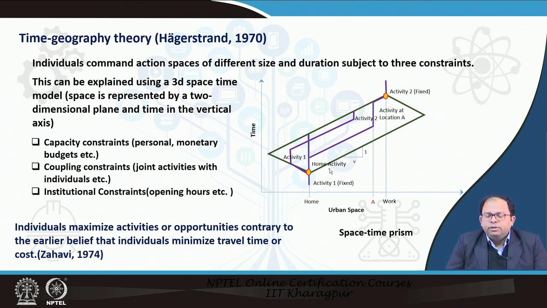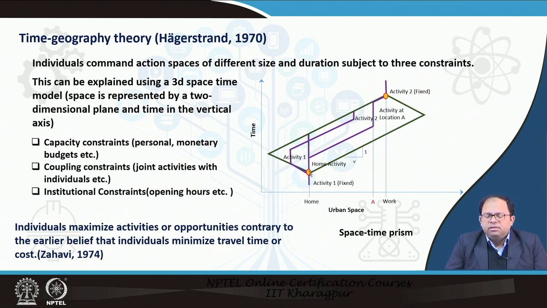Within this you can see that a person has a limited time budget. That means he has to perform certain activities within a limited time. Depending on what he chooses to perform, accordingly this activity pattern will vary.